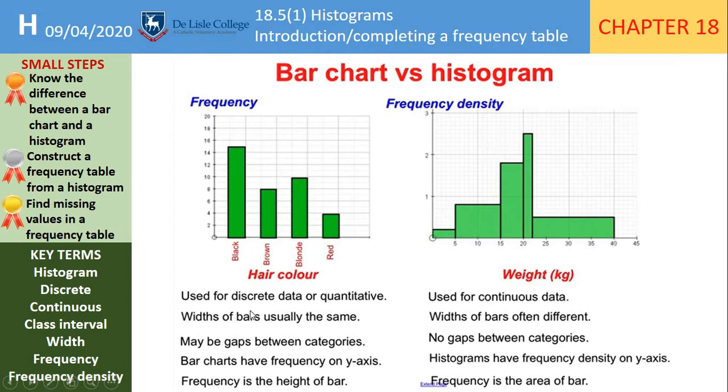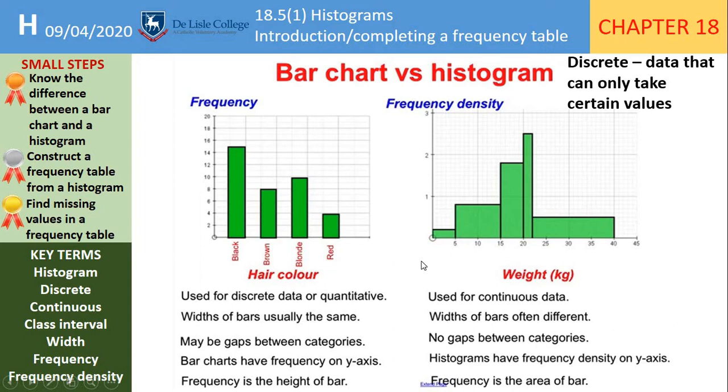So for a bar chart, we use it for discrete or quantitative data. Remember, discrete data is data that only takes certain values. The widths of the bars are usually the same. There are gaps between the categories. Bar chart has frequency on the y-axis. The frequency is the height of the bar.